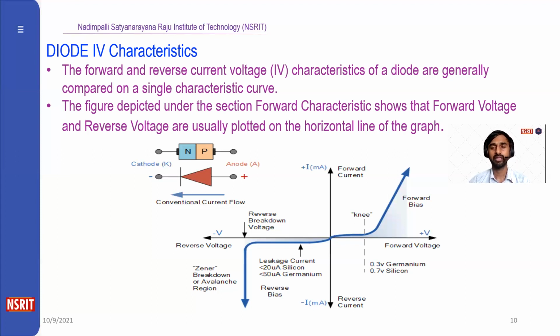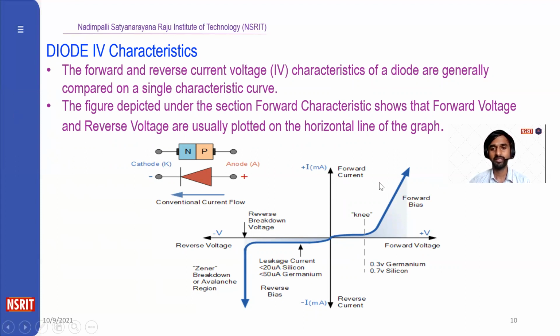Similarly, we will apply reverse bias to our PN junction diode, increasing the reverse voltage in steps and seeing what amount of current is flowing through the diode. This is called diode VI characteristics, voltage-current characteristics, or volt-ampere characteristics.